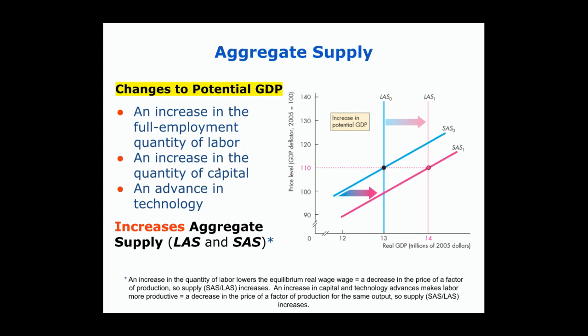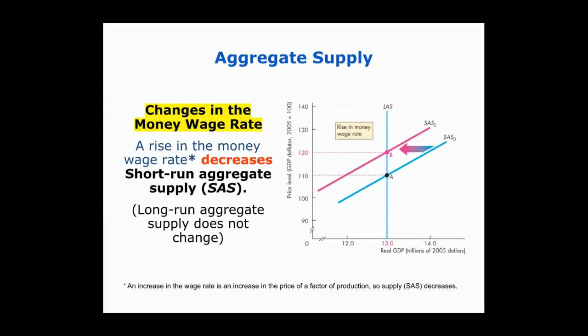This will also happen if we have an increase in capital. That will make labor more productive, or an increase in technology, which increases productivity overall for labor. And any one of these things will increase both the long run aggregate supply curve and the short run aggregate supply curve. We can also see that changes to the money wage rate, a rise in the wage rate, decreases the short run aggregate supply.